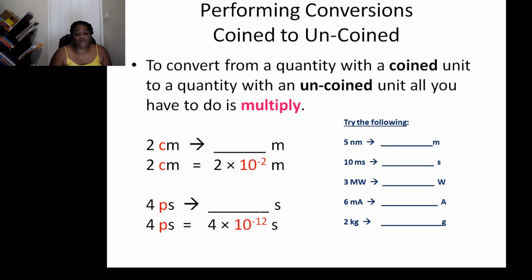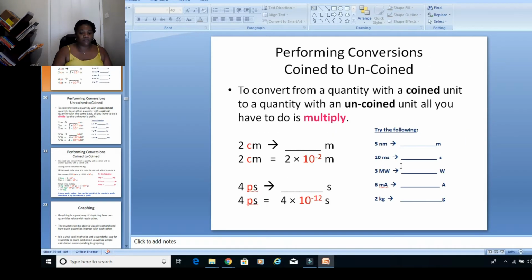So I hope you got the same answers that I'm going to put in right now. Let me copy the multiplication sign because we're just going to be doing some multiplications. So here we have, what is this going to be? What is nano?